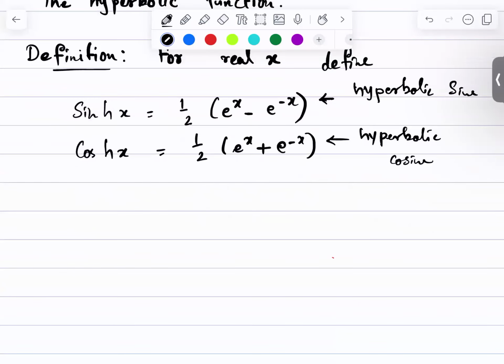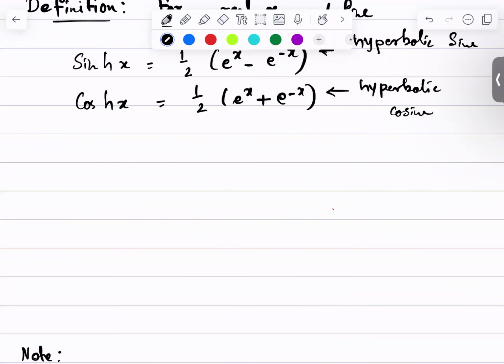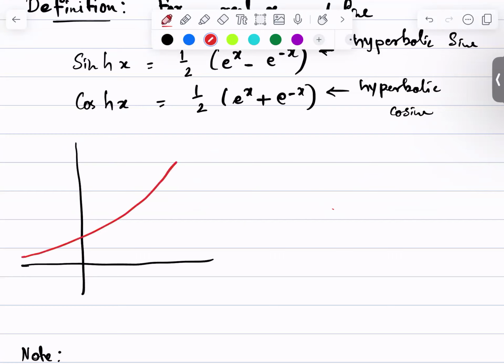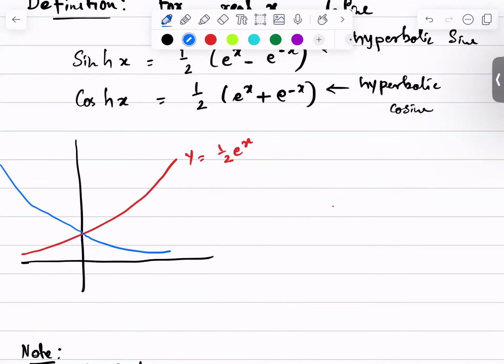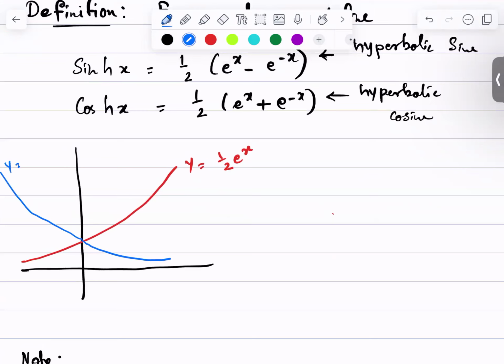Okay. So if you talk about the graphs, then the graph for y equal to half e to the x looks like this, and for the graph of y equal to half e to the minus x looks like that. And using these, we can sort of get the graphs of hyperbolic functions.